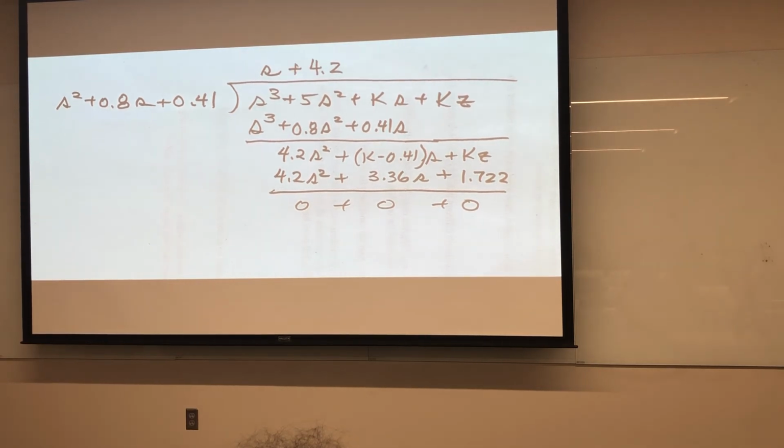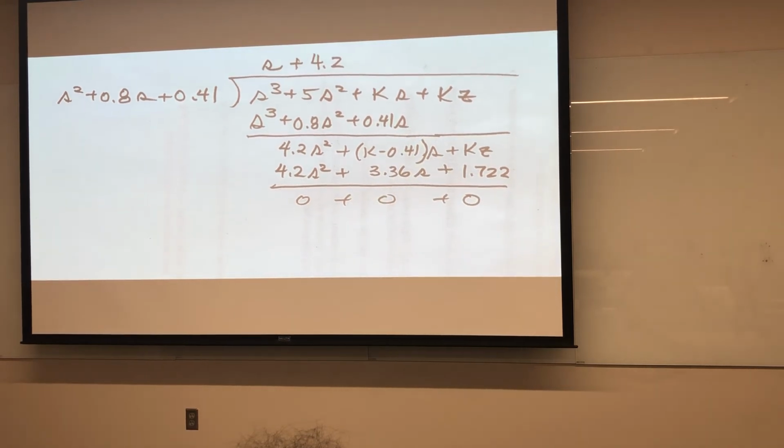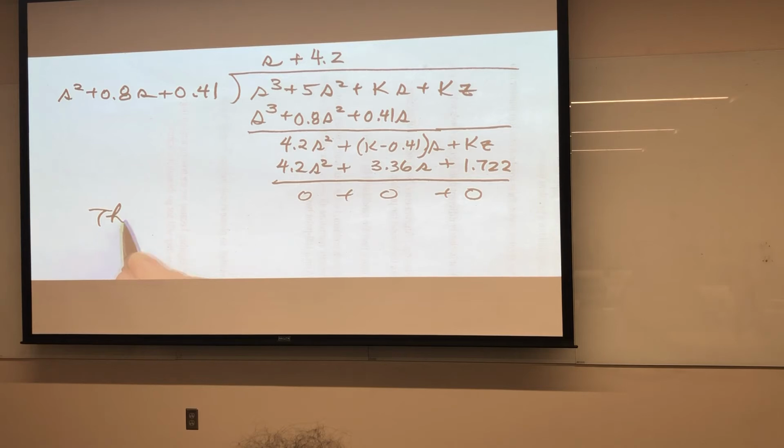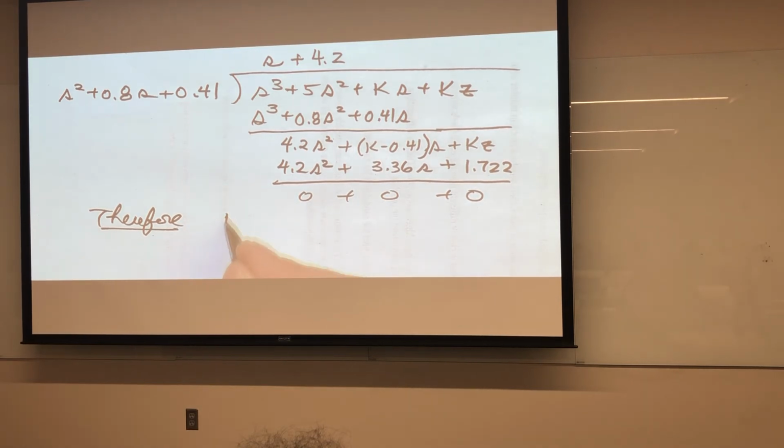So if that's the case, this must be equal to 0. Therefore, I have two results. One of these is k minus 0.41 minus 3.36, that must be equal to 0.